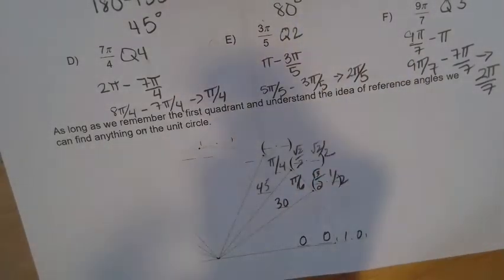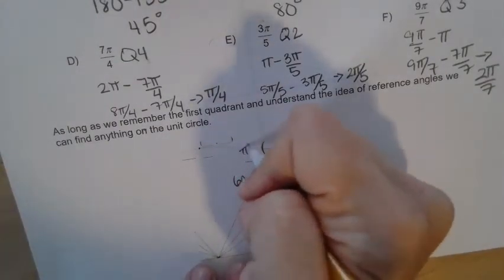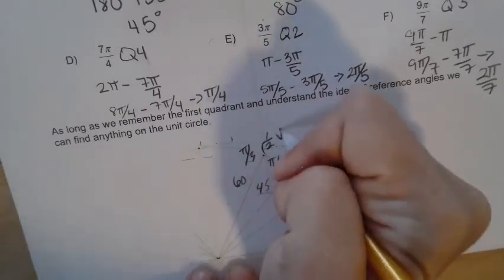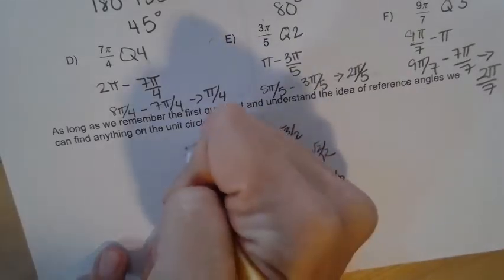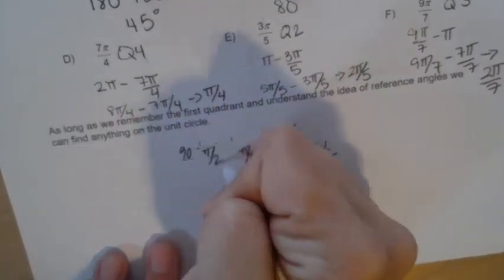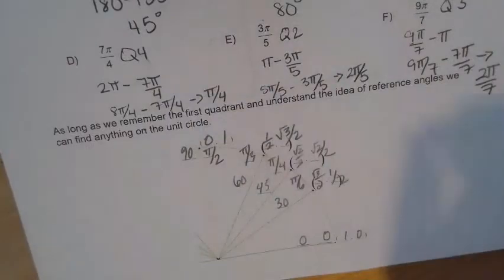The next degree is 60, which is pi over 3, 1/2, square root of 3 over 2. And this is 90 degrees, which is pi over 2. And that's 0, 1. If you know this quadrant, the rest of them are very easy to fill out.